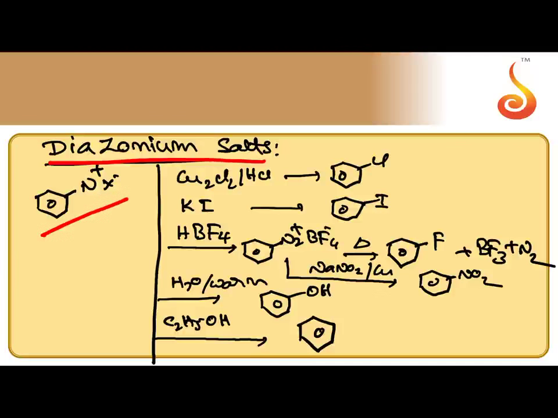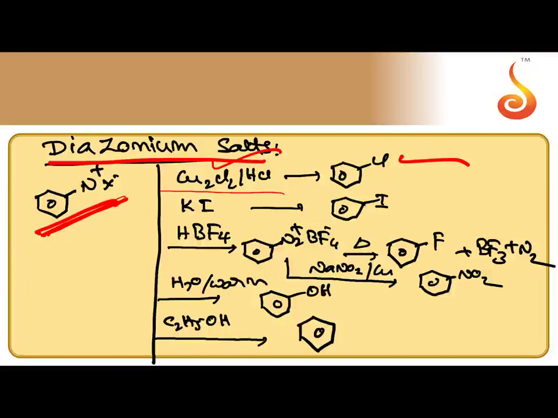Next, the last topic, diazonium salts. We know benzene diazonium chloride. Benzene diazonium chloride is obtained from aniline by the reaction with nitrous acid. From this benzene diazonium chloride, by replacement reactions, we can get various types of compounds. The Sandmeyer reaction we have discussed in the beginning.